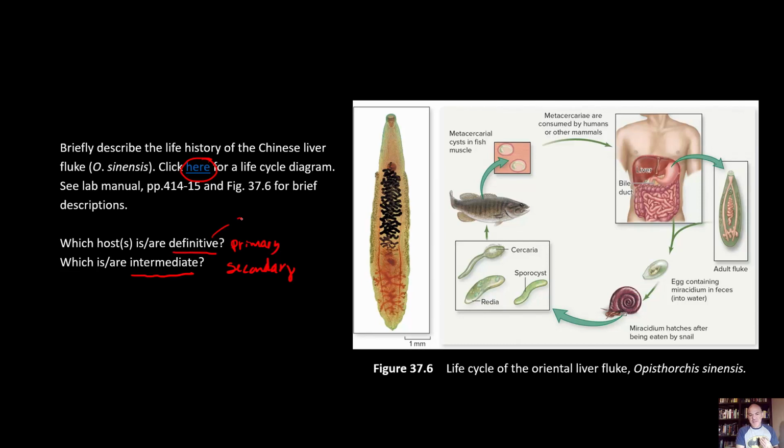So this is the sexually reproducing stage. And you can see that in this case, the definitive host in this life cycle is the human. Okay. And so here's how the life cycle goes.